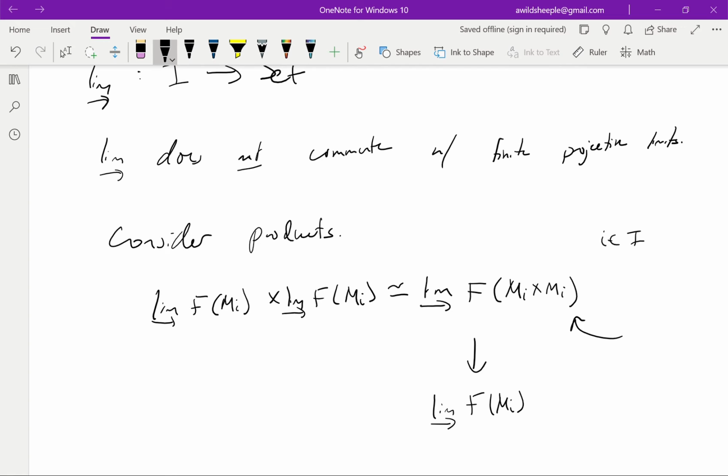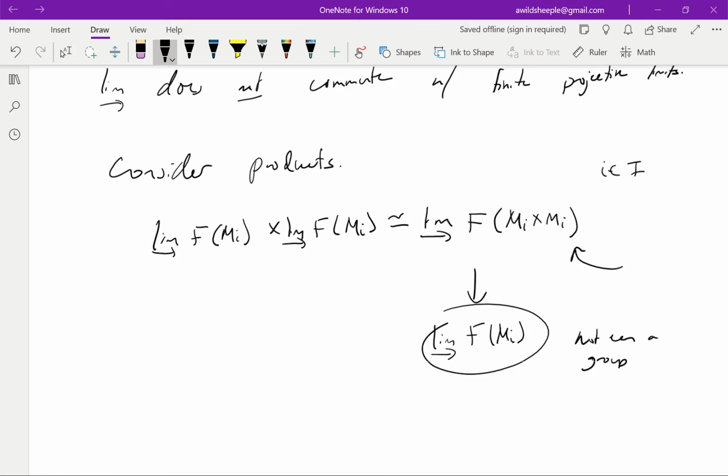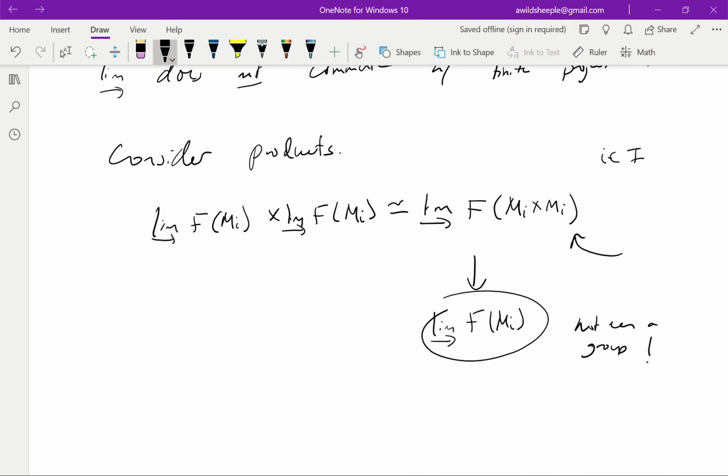And the problem is that this is, in general, not a group, right? Because we have made this into sets, so this doesn't work in general. And so, for this reason, this calculation must not be possible. Something must have gone wrong. And so, in particular, there can't be this commuting.